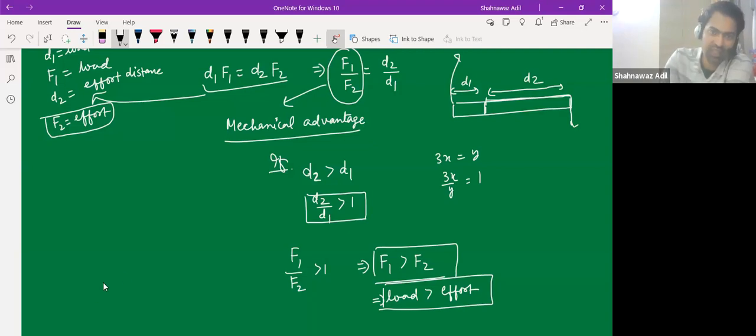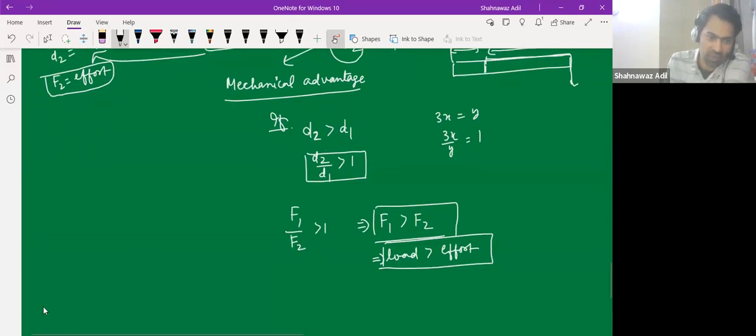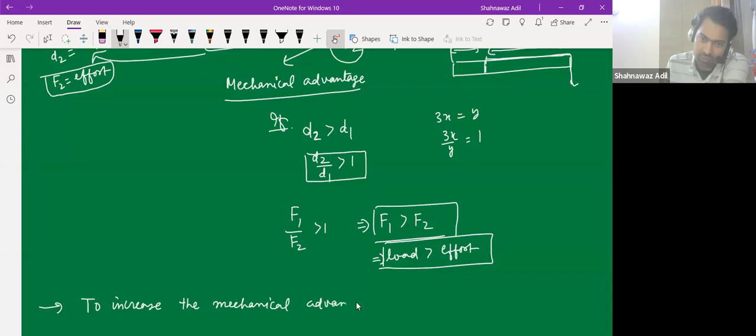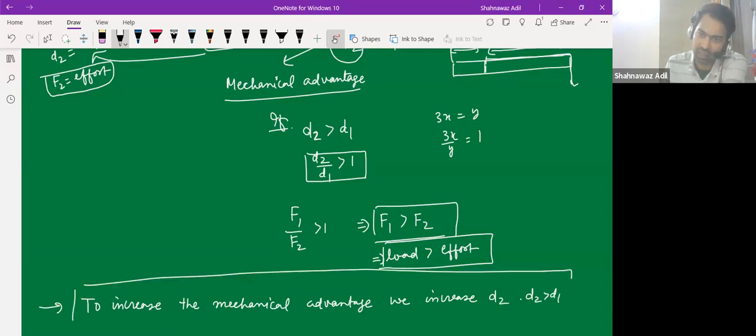To increase the mechanical advantage, what do we do? We increase D2. D2 should be greater than D1. So this is the criteria for mechanical advantage.